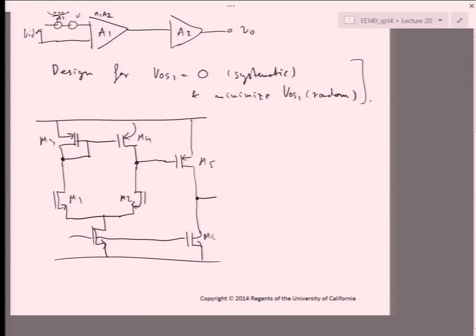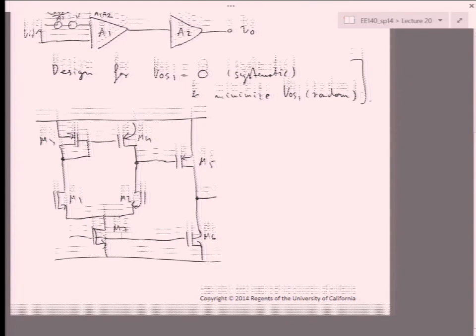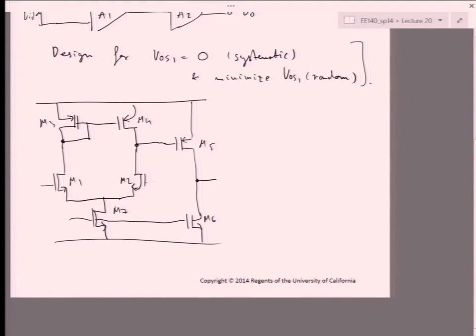M5, M6, M7. What I want to do to provide the mirroring, so I have I bias over 2, and the same thing here. And I want to have, so I have I bias here, and I want to have here some K times I bias.